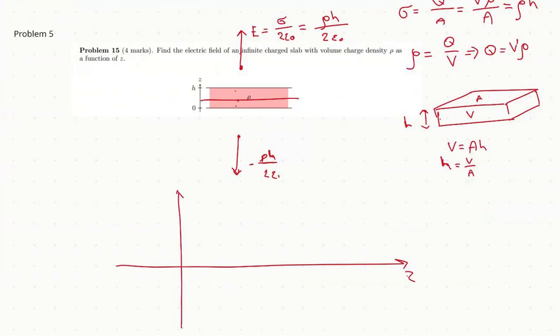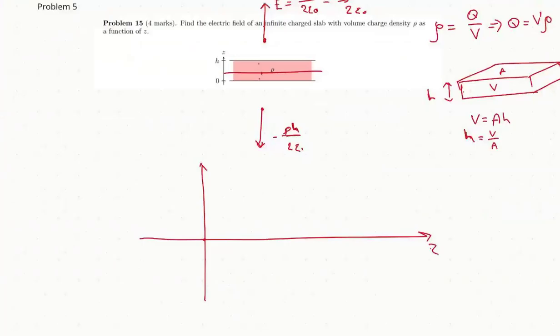At 0, when z is 0, it's going to be negative rho h over 2 epsilon naught.